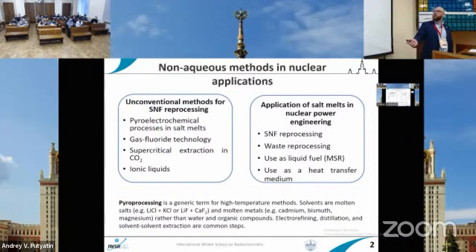It is supercritical fluid extraction, for example, in carbon dioxide, but not only, of course. And it is the use of ionic liquids. So it is not aqueous solution, it is some organic solution, or as we will see, at high temperatures, molten salts, they're also ionic liquids.